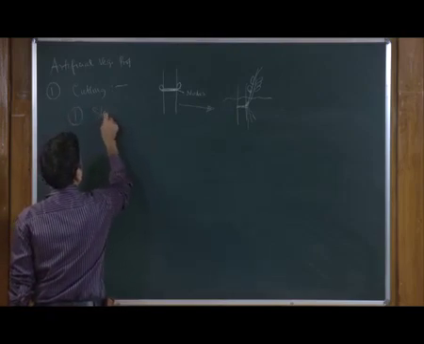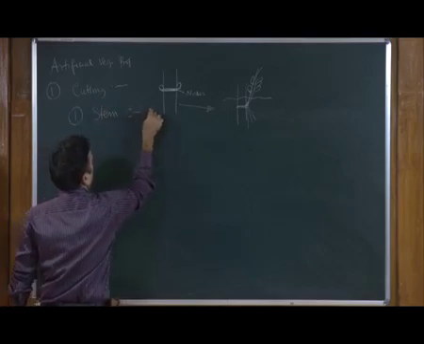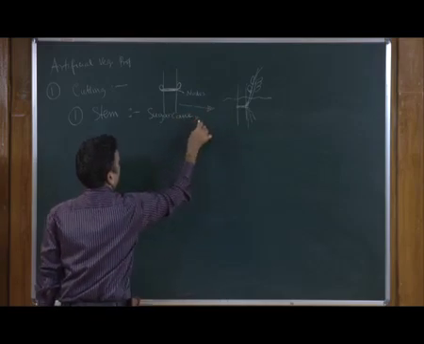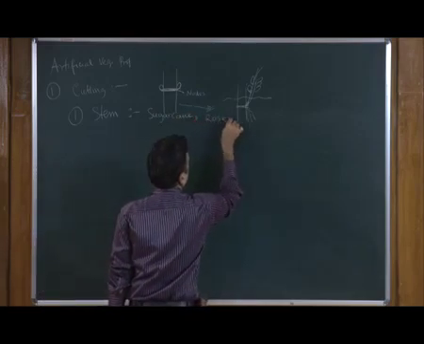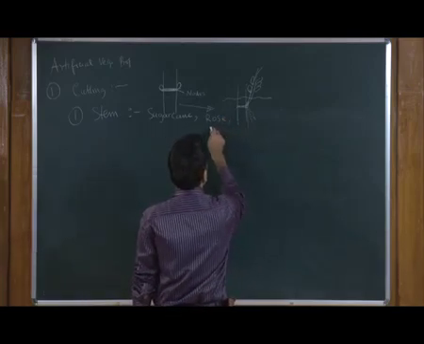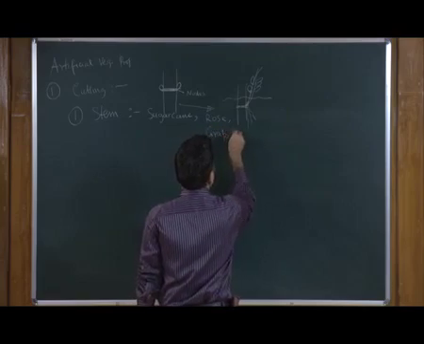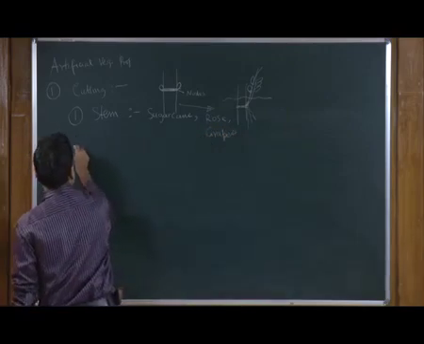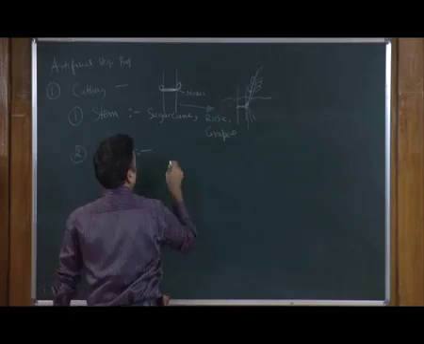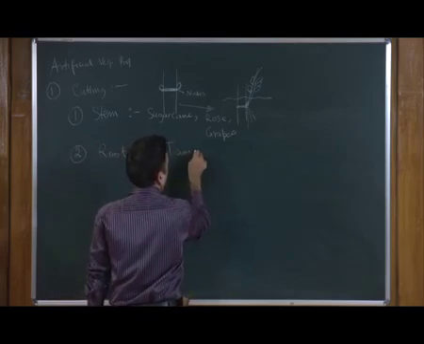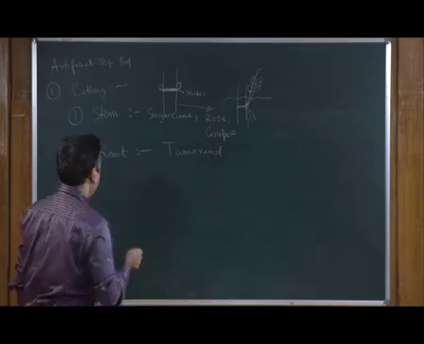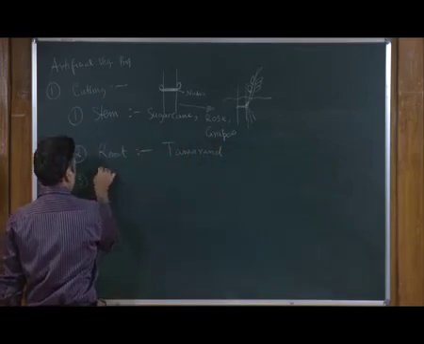Exactly the same thing can happen with the different plant parts, and the classical examples are, in the case of stem, sugar cane, rose, and grapes. Similarly, in the case of root, you have an example of tamarind, and then you have the leaves.